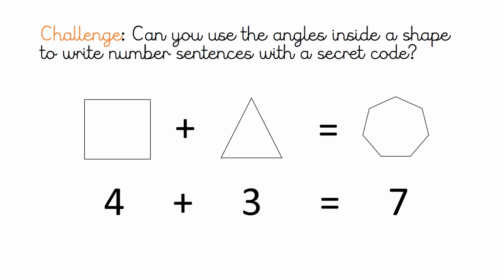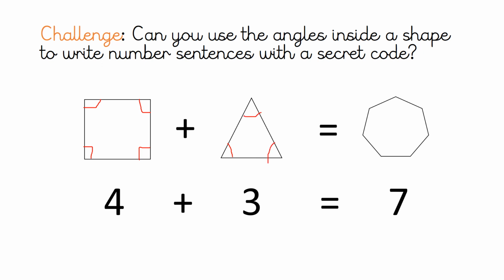Your challenge today is to use the number of angles inside a shape to write number sentences that have a secret code. So here I've got a shape that's got 4 angles. So that represents the number 4. This shape has got 3 angles inside.